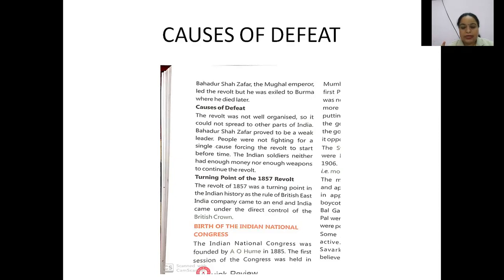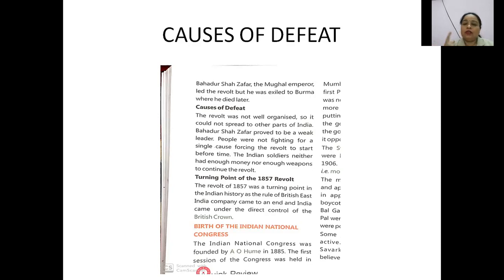The last point is the birth of the Indian National Congress. This started the independence part. How does India gain independence? The Indian National Congress was founded by A.O. Hume in 1885.